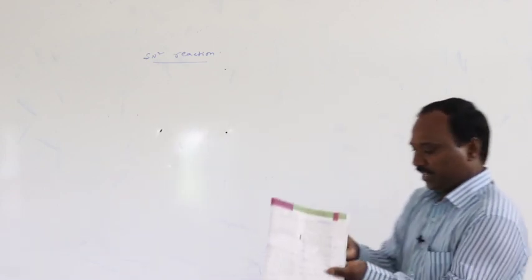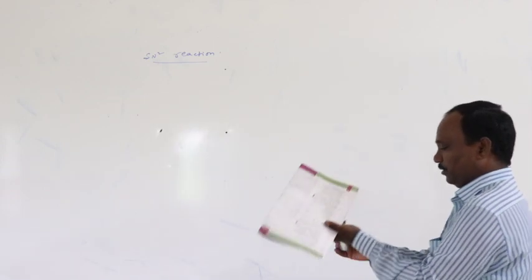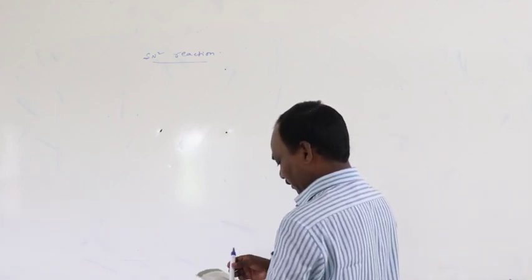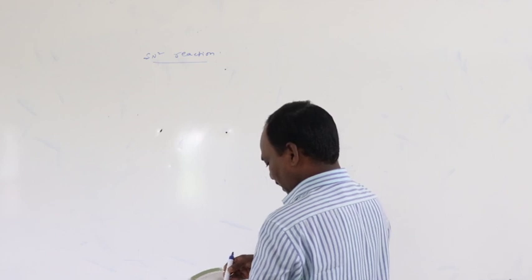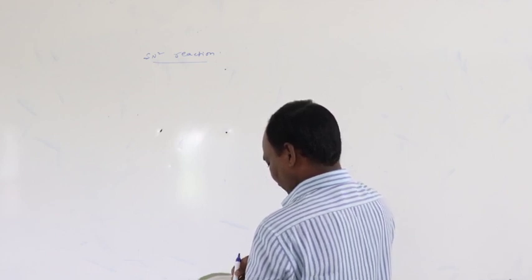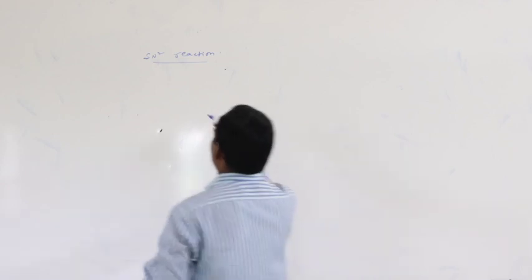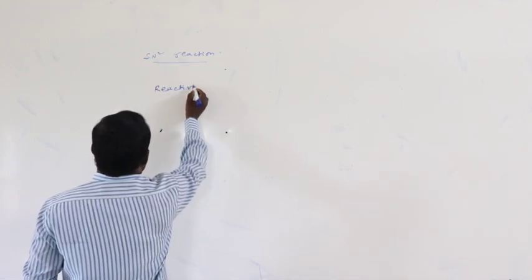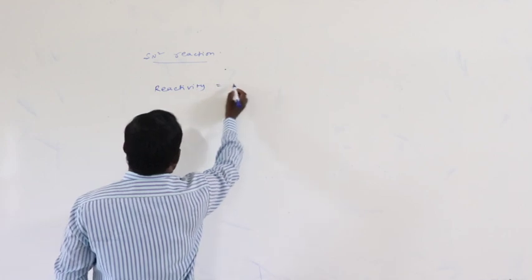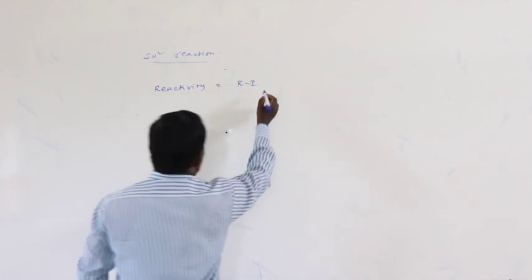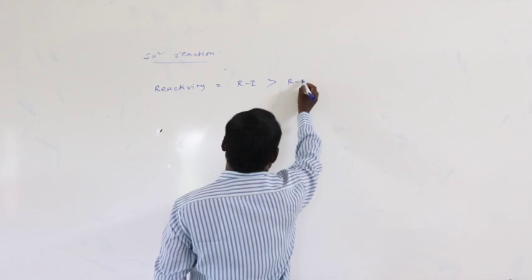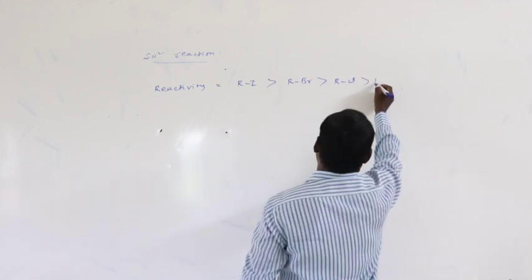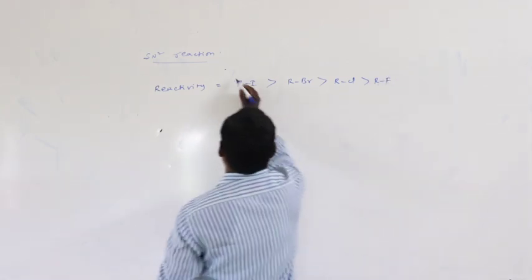Alkyl iodides are more reactive towards either SN1 or SN2. In both cases, alkyl iodides are more reactive. So the reactivity order is alkyl iodides more reactive than alkyl bromides, alkyl chlorides and alkyl fluorides.